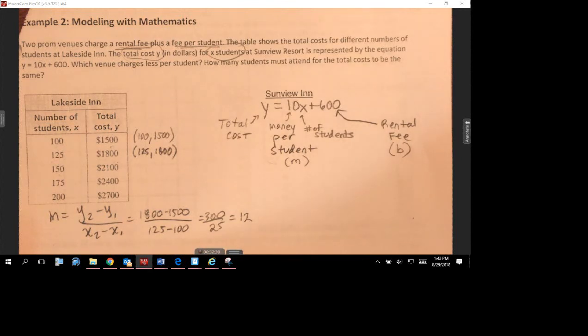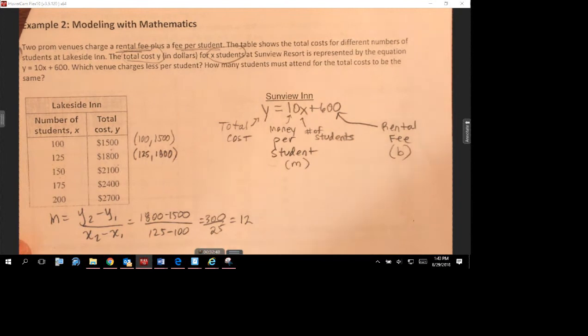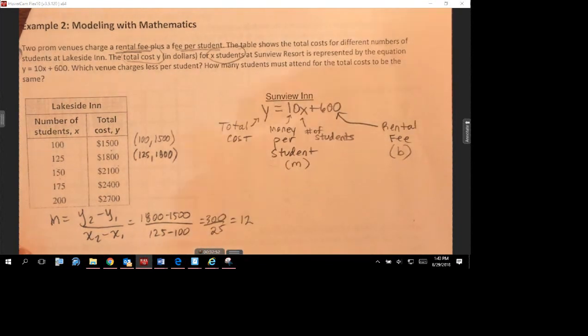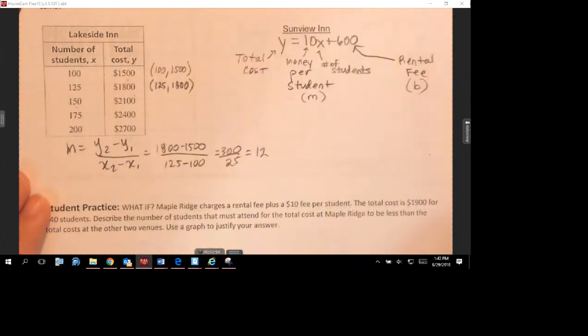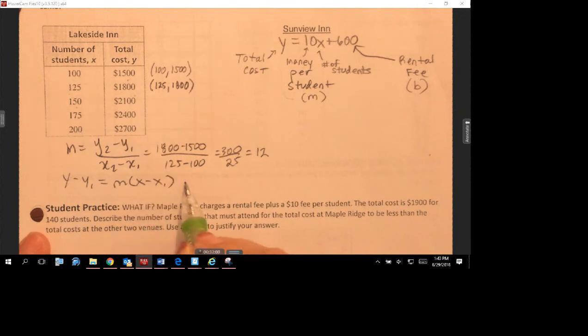Now what do we do after we have our slope? I want to compare them so they need to look the same. How do I find the equations? Point slope form. It's on the screen. y minus y1 equals m times x minus x1.